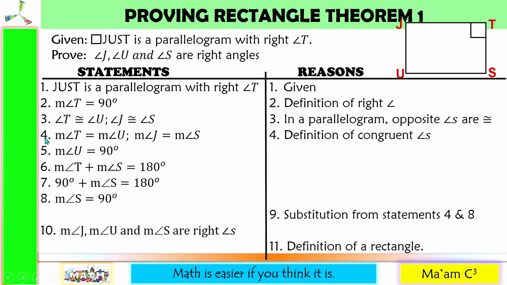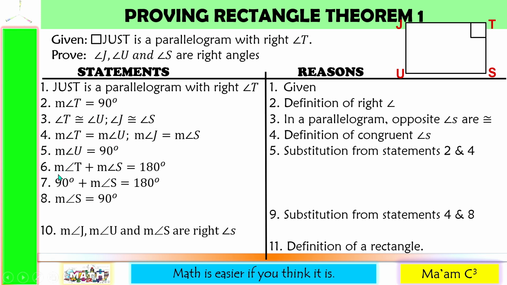And from statement 4, it is said that the measure of angle T is equal to the measurement of angle U. So if angle T is 90 degrees, then it follows that angle U is also 90 degrees. And our reason for that will be substitution from statements 2 and 4. So we were able to state this because we combined statements 2 and 4.